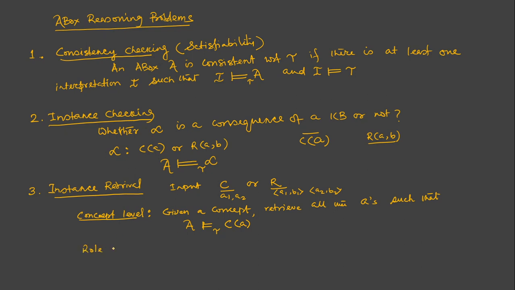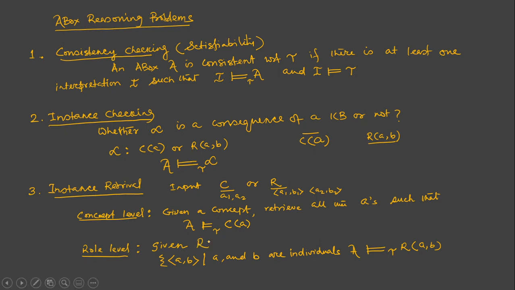Now it can also be defined at the role level, where we are interested in retrieving all the pairs (a,b), such that a and b are individuals and the A box models R(a,b), and the input should be given R, right?